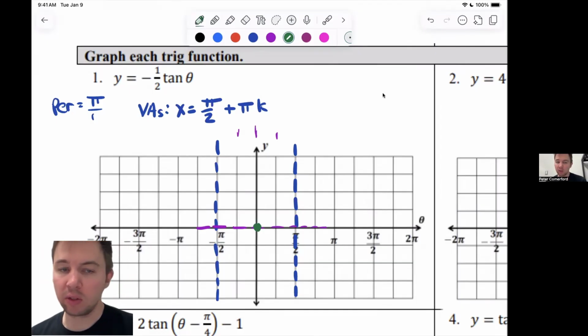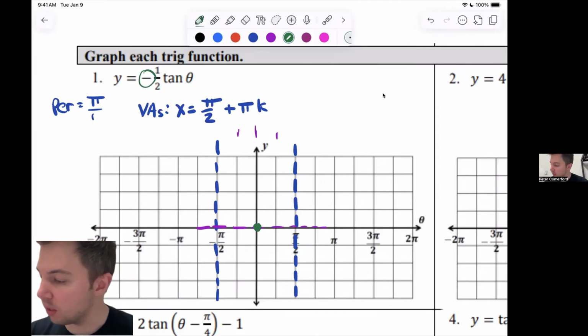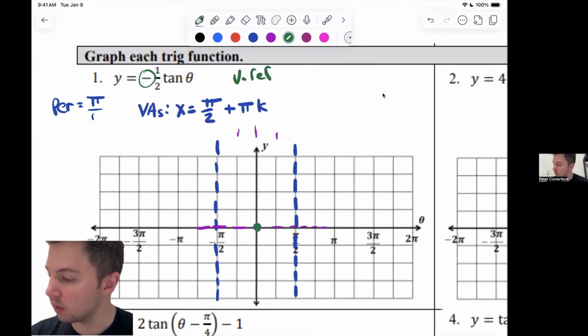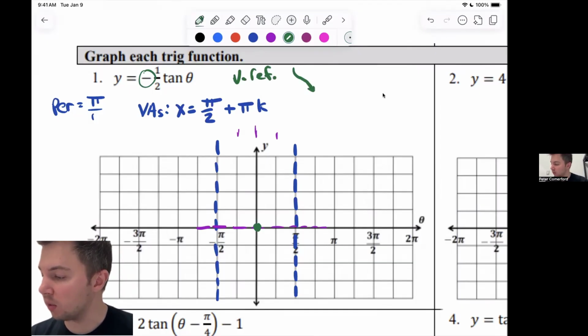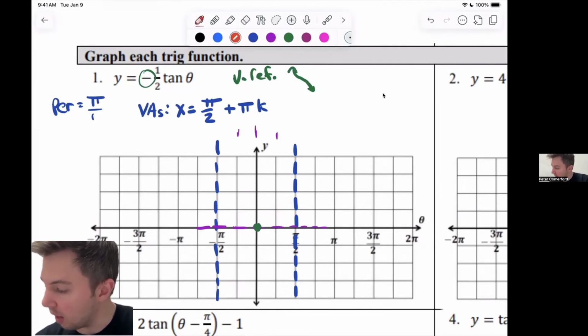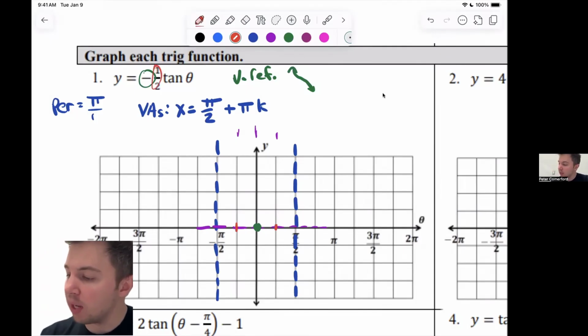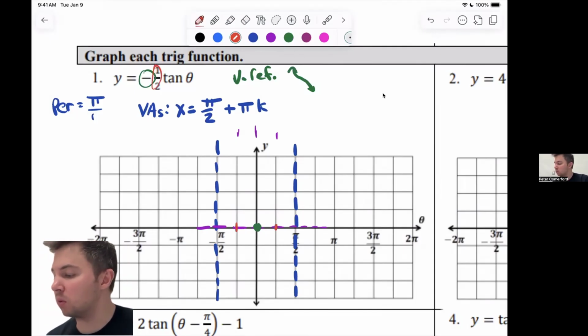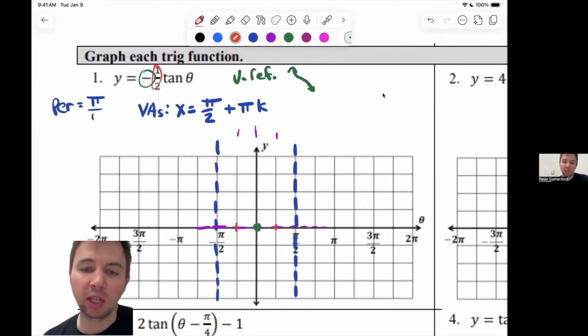Since this tangent graph has a vertical reflection, I know it's going to look like this, going from top left to bottom right. We take our quarter points, halfway to each asymptote, and go up and down by the vertical dilation, which is a half.